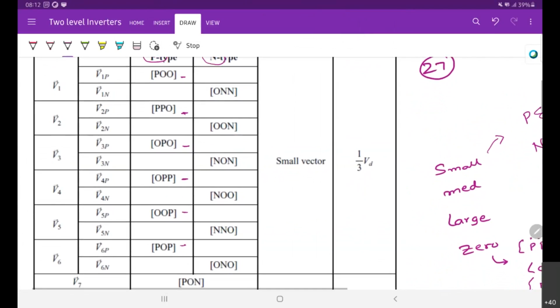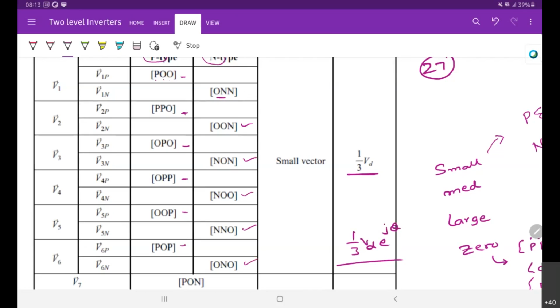There is no N in these. And the N type small vectors are 0NN, 00N, N0N, N00, NN0, 0N0. Its magnitude is 1/3 VDC, again with some angle, so it is 1/3 VDC times e to the power of j theta.